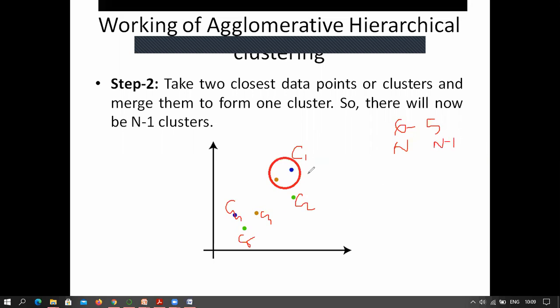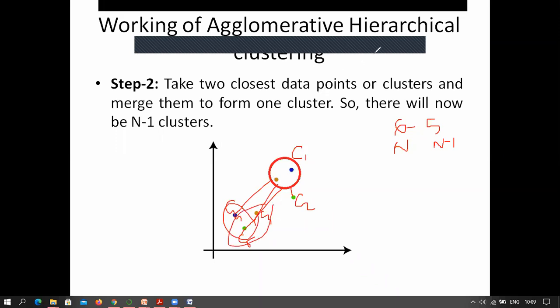Now again, repeat the same thing. Now this is one cluster. Again, we will find out the shortest distance between every pair of clusters. This is now to be considered as 1. So I will find out the distance between these 2, between these 2, between this one, and even between these two.